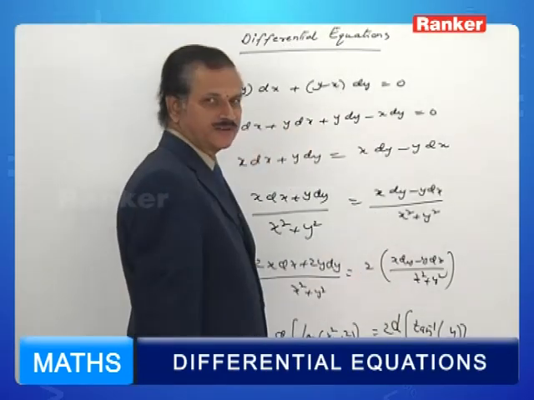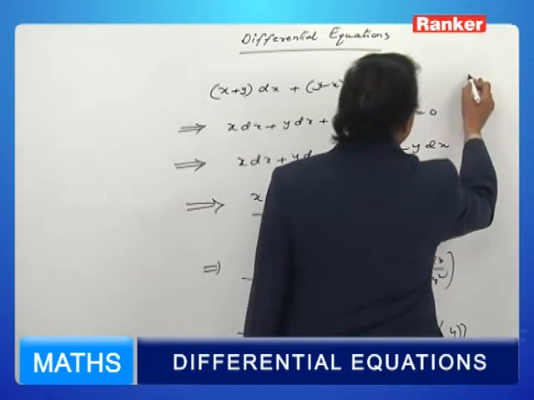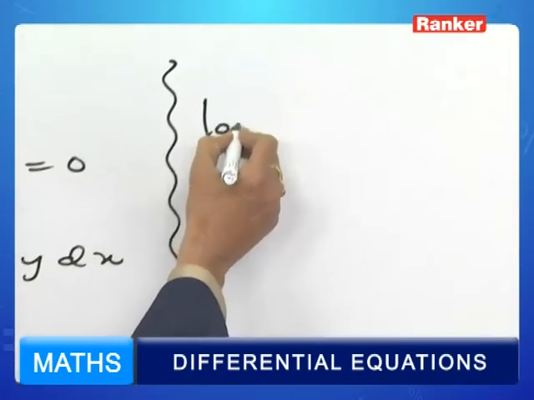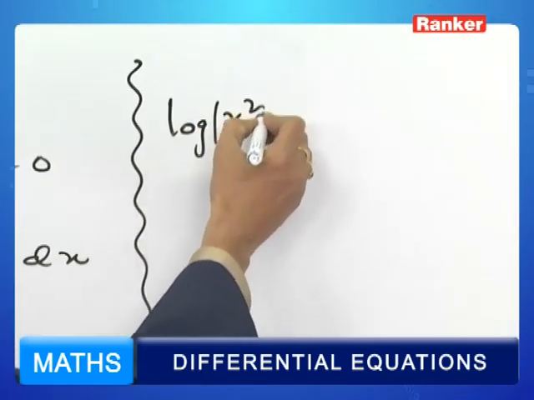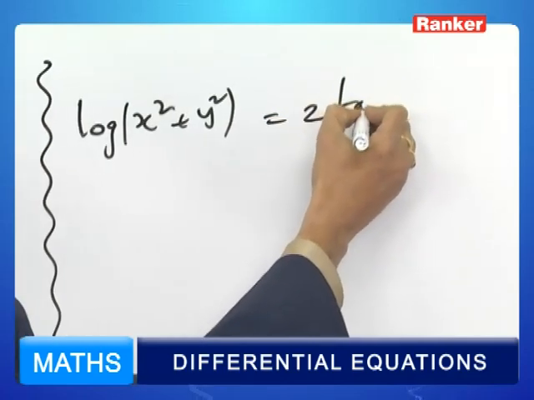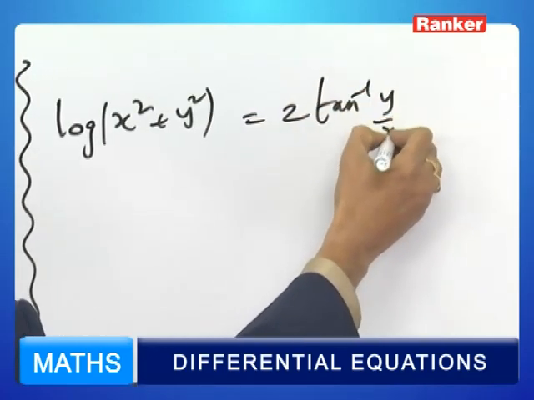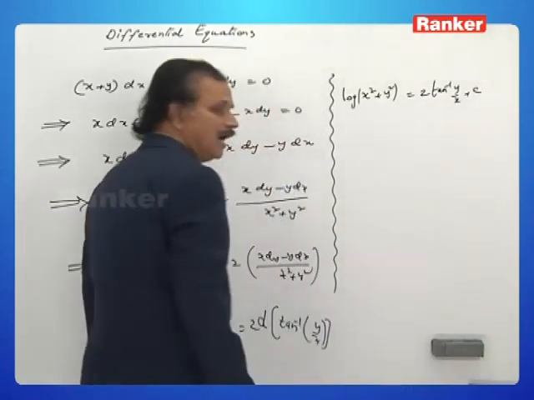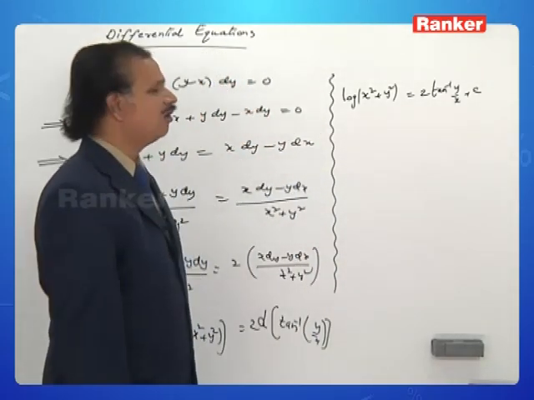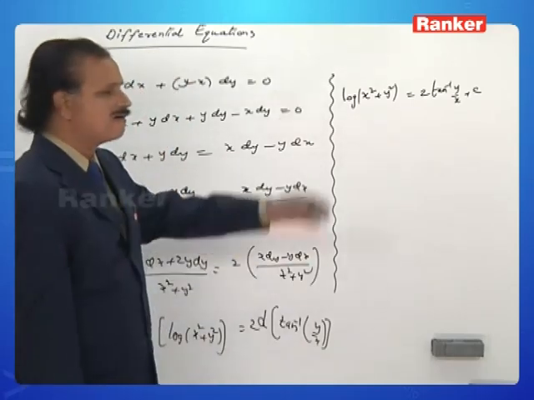Now you integrate it on both the sides. You will be having, come on, log mod x square plus y square is equal to 2 tan inverse y by x plus c. As x square plus y square is positive, there is no harm at all even if you omit that modulus symbol.